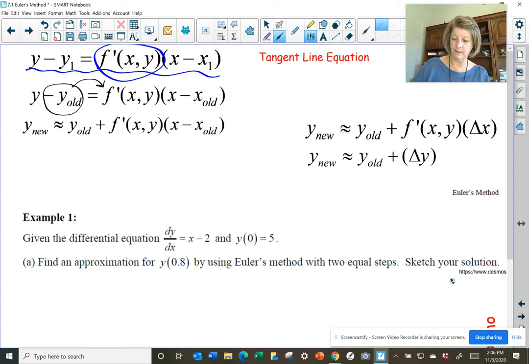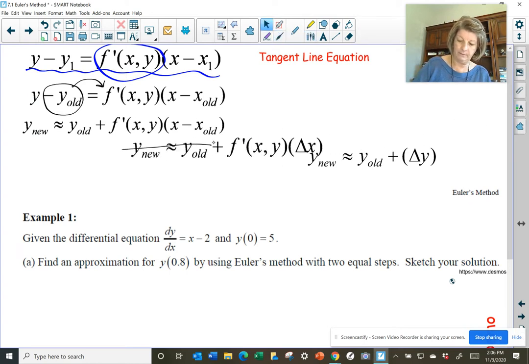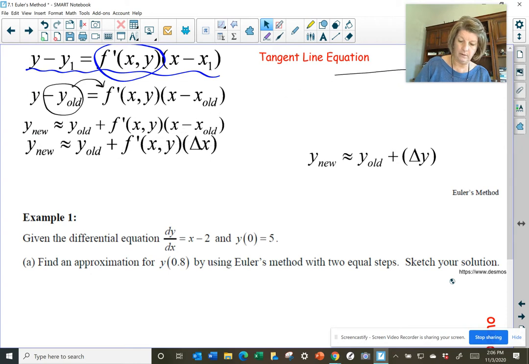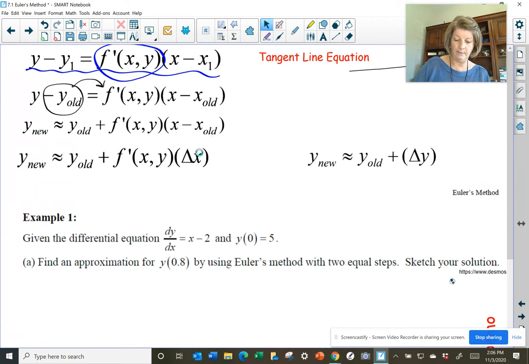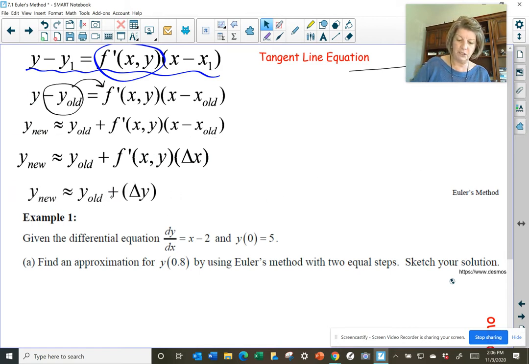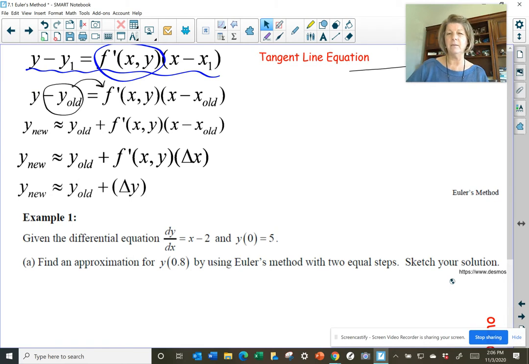Oh, and difference of the x's, when I say that, here is that update. So I'm taking now y minus y old as a difference, and I'm calling it delta x. So I end up with delta x times the slope, and I'm suggesting that that could be thought of as delta y. Why would that be?